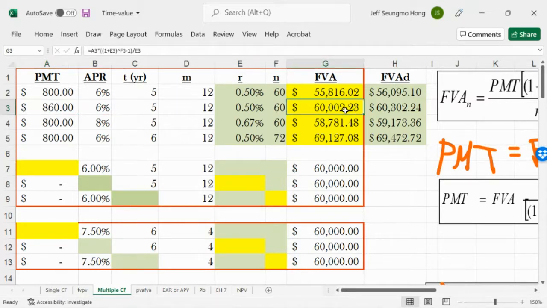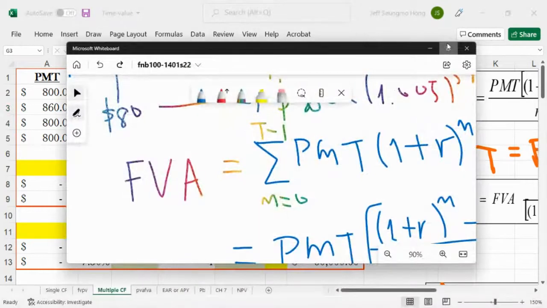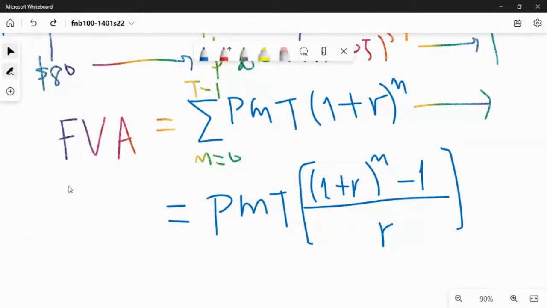Yeah, this will meet our target future value, but it's not the exact amount because it overshoots our target by $2. So how do we find the exact payment?